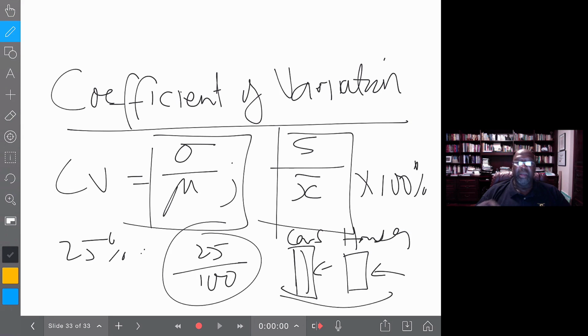Do not try to compare the actual values, because houses are in hundreds of thousands of dollars, cars are in tens of thousands of dollars. So they will give you two different measures, and that cannot be directly compared. Okay? So you would have to use a relative measure, and that's where the coefficient of variation is indeed very useful.